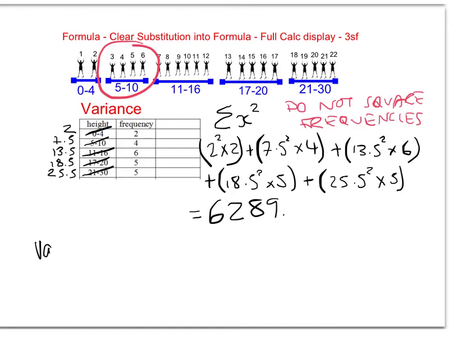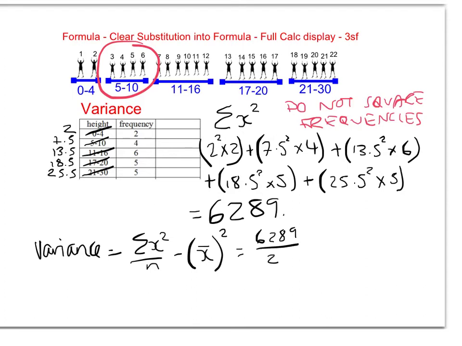So, variance is the sum of x squared over n minus the real actual mean, don't forget, not the simplified version of the mean, the exact mean squared. So that's 6289 over 22, because there were 22 people in this survey, minus the mean, 335 over 22, that was the mean, squared.